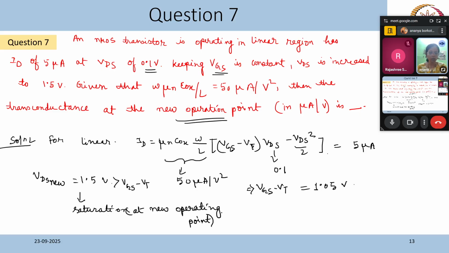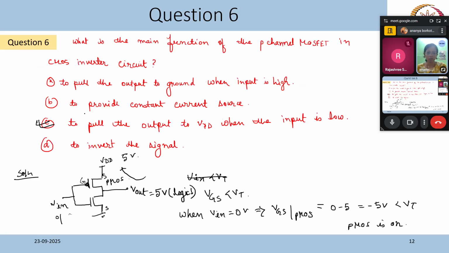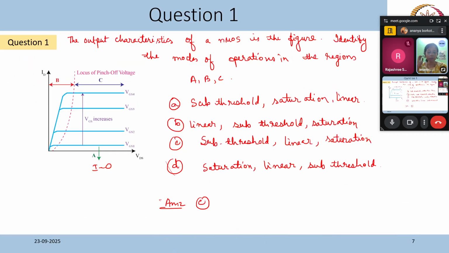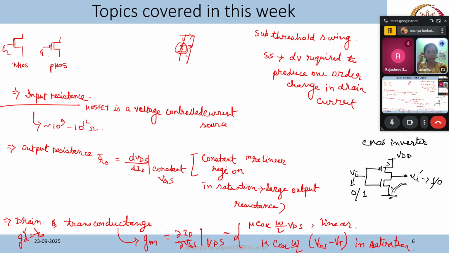Why is this important? We have to calculate transconductance. If you remember, the expressions are different for the linear regime and the saturation regime, right? So transconductance is del ID by del VGS at a constant VDS, and these are the two expressions.